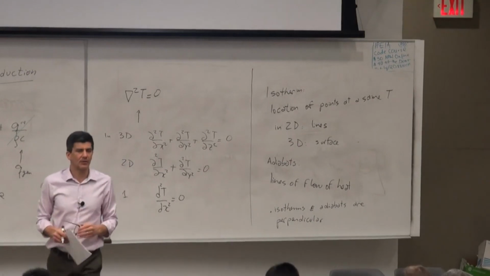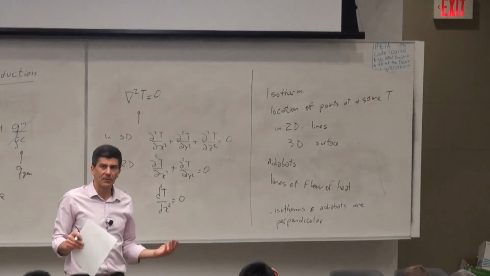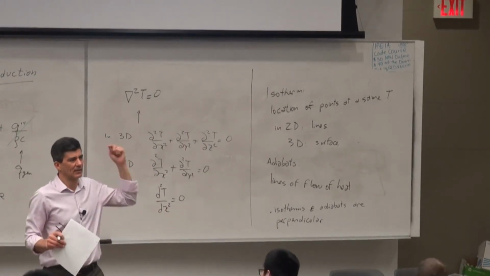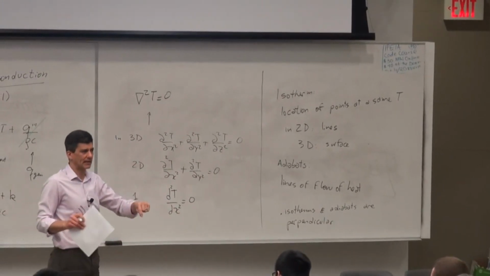So they cross at 90 degrees. And in a 3D problem in which the isotherm is a surface, the adiabat is a line that pokes that surface right at 90 degrees.